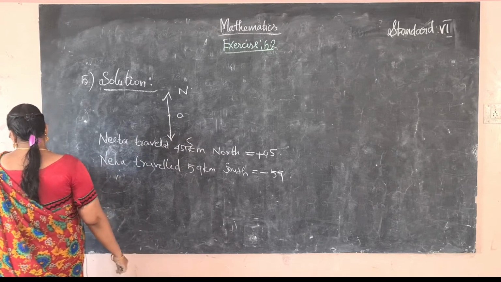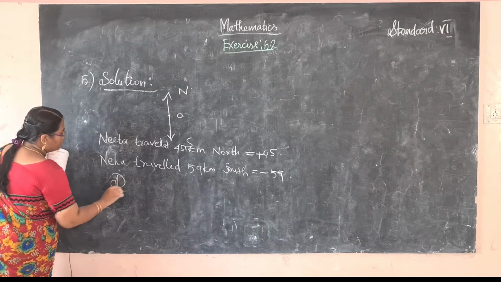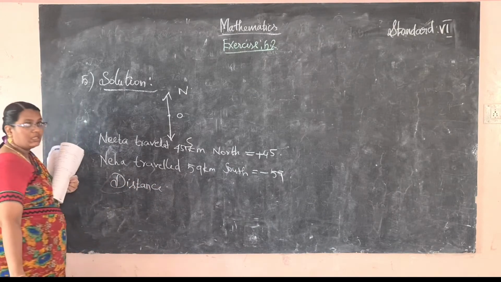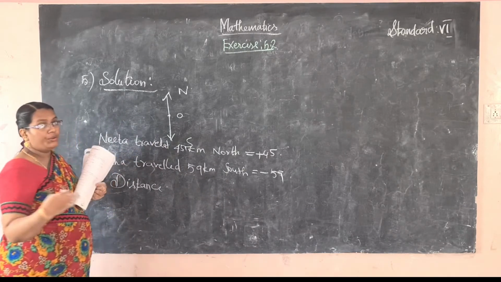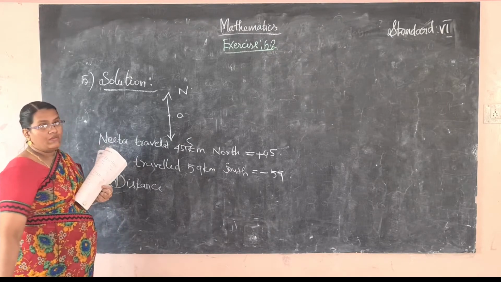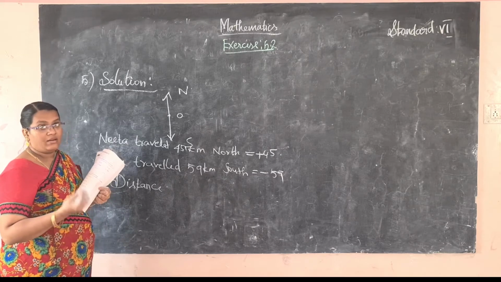The distance between the two. How to find out the difference, the distance between the two sides? How to do? We have to find out the difference of these two values. Difference means which operation we apply? Subtraction.